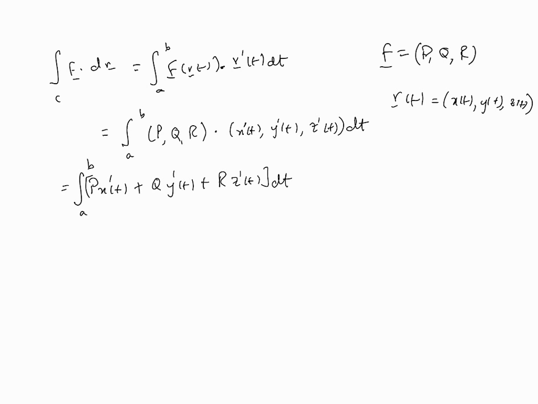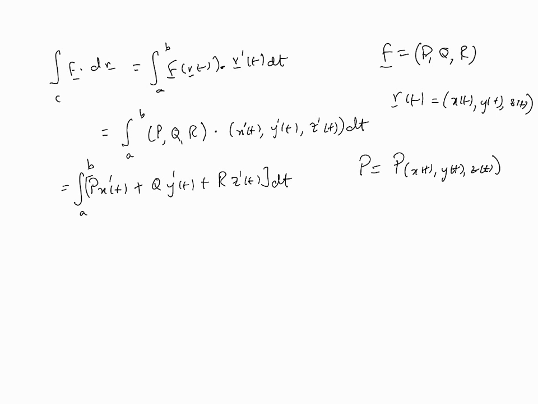Now what does that look like? Remember that each of these p, q, r: what I mean by p is it's x(t), y(t), z(t), because it's been parametrized, etc. And q is the same, and so is r.